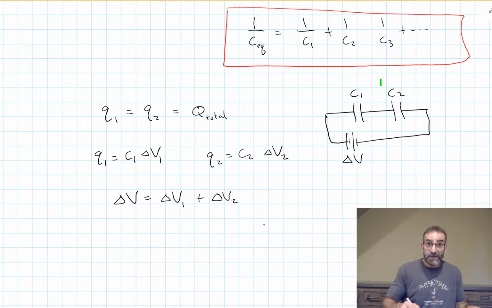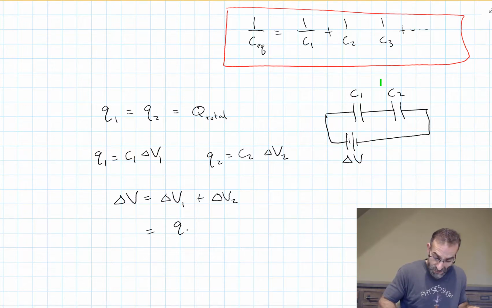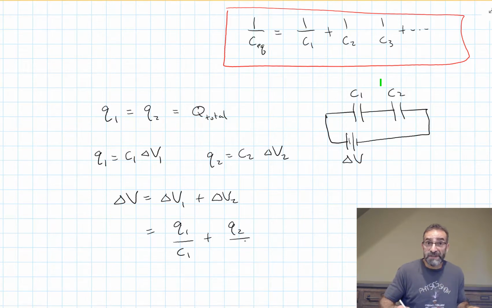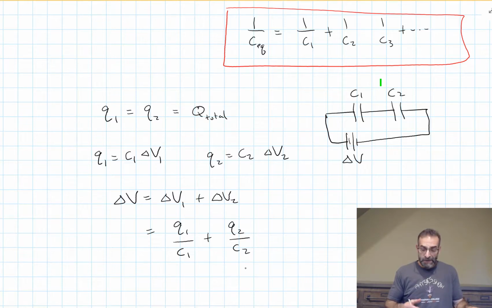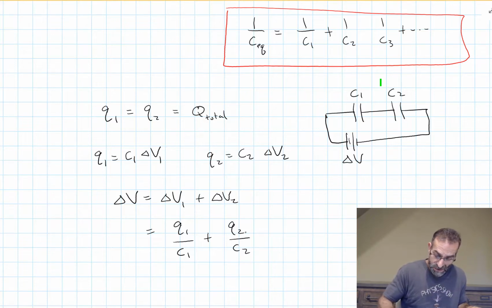Now I can just go back to some of these equations I wrote earlier and substitute in. The delta V for capacitor 1 is just its charge divided by its capacitance. Same for the potential difference across capacitor 2. I also know that Q1 and Q2 are the same. I'm just going to call it lowercase q here.